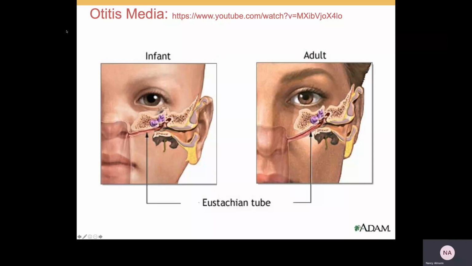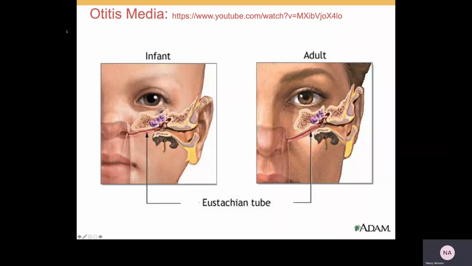Now, take a look at this. When you see an infant's eustachian tube, it looks relatively flat because the child's skull bones are still growing. And as they grow and develop, the eustachian tube gets a greater angle or slant down into the nasopharynx.